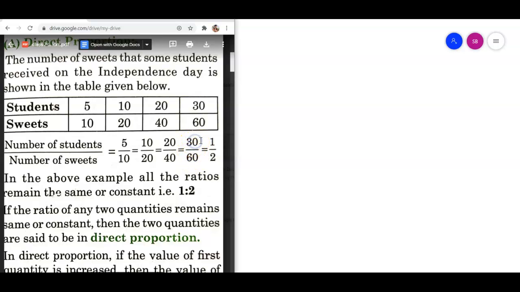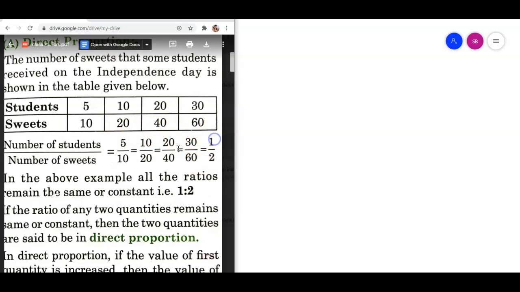That is 30 upon 60, and if we divide it, 30 ones are 30 and 30 twos are 60. Again we get the fraction 1 upon 2. That means whatever be the numbers, throughout we are getting the fraction 1 upon 2. That is, in the above example, all the ratios remain the same or constant, that is 1:2.